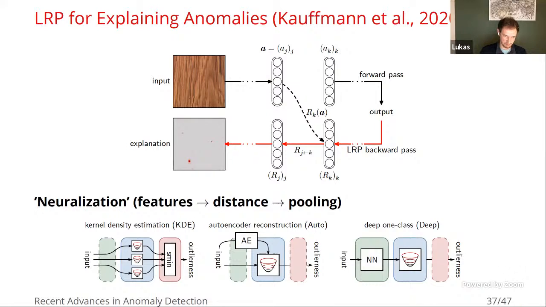And by formulating many classic methods in this way, as this type of three-layer neural network, where we first have a feature extraction, and then a distance computation and a pooling, this allows us to use layer-wise relevance propagation for a broad range of models.